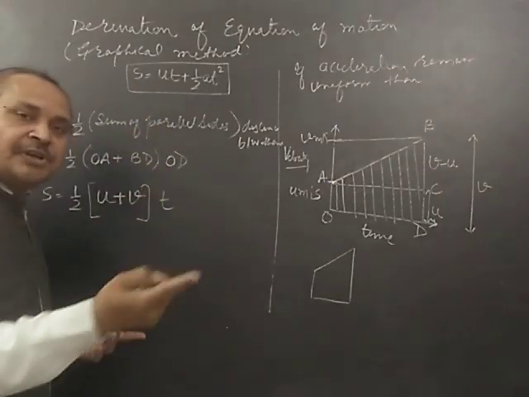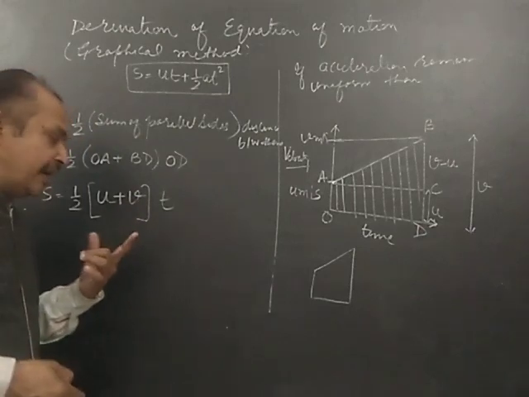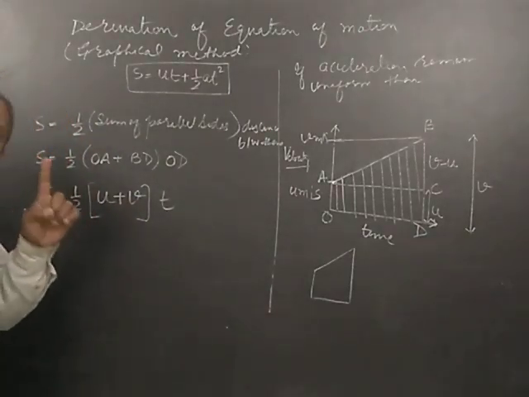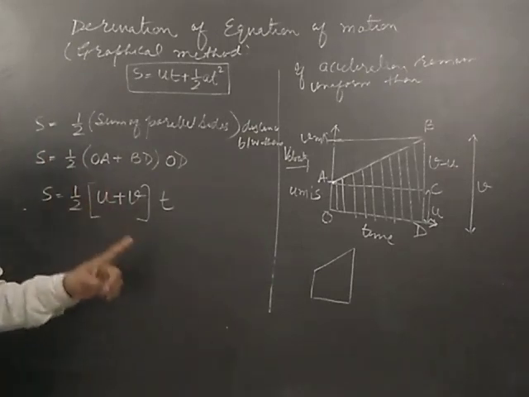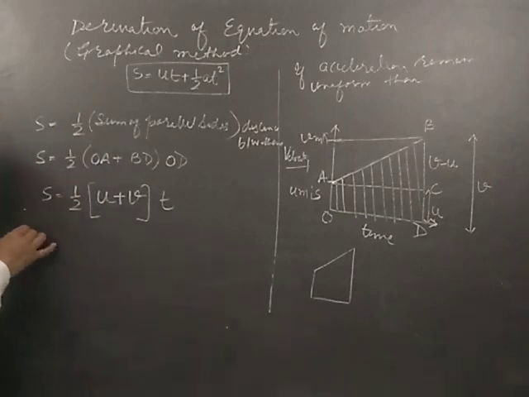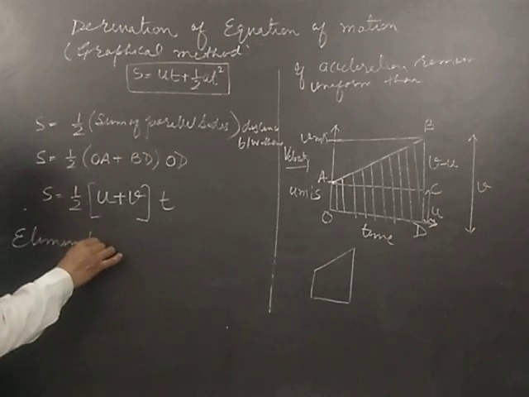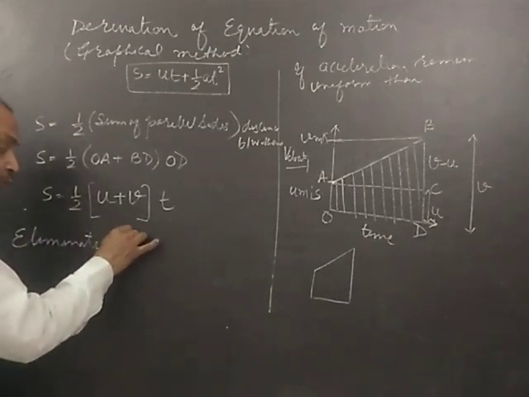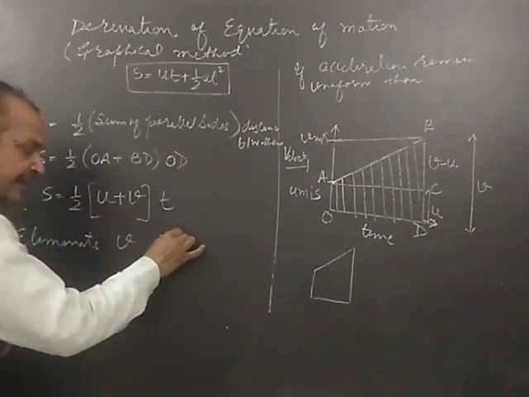Now again it will continue like what we did in the mathematical section, because we don't want V, so the same mathematical concept will come again after this. So we will write: eliminate V. How?